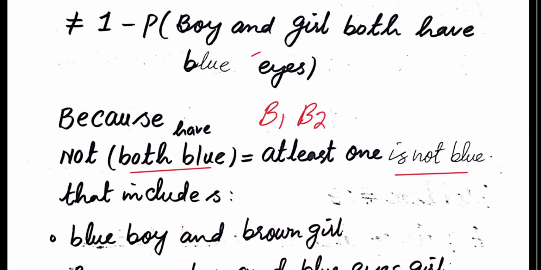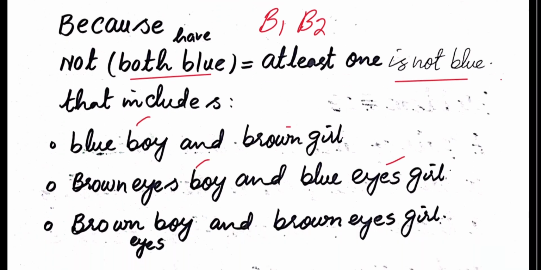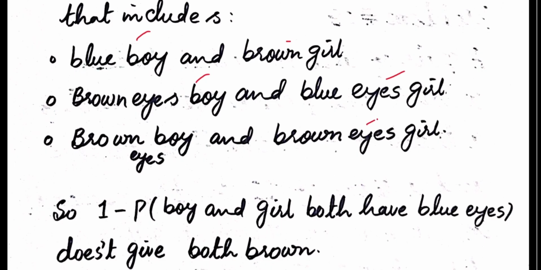That includes blue boy, brown girl, brown eyes boy, blue eyes girl, brown eyes boy and brown eyes girl. So 1 minus the probability that boy and girl both have blue eyes does not give both brown eyes.